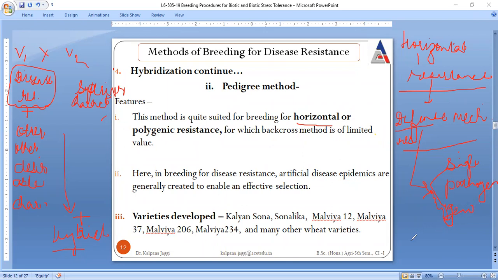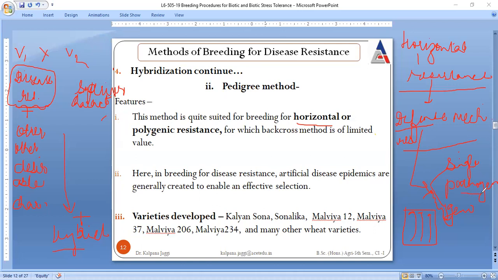That means if there come many more pathogens, then it will not be able to resist the attack of these pathogens, because it could defend itself against the genotype of a single pathogen only.